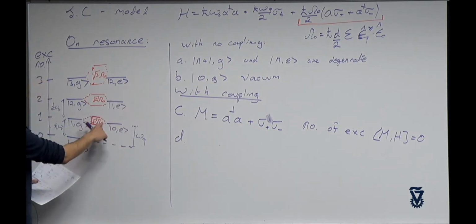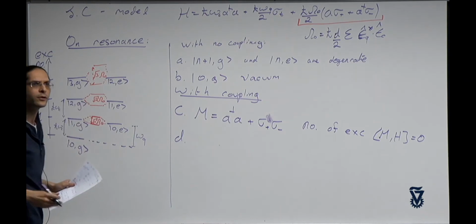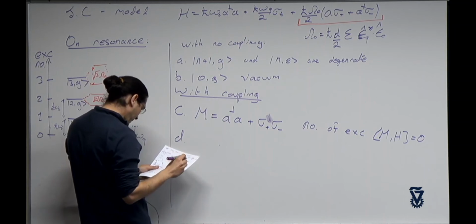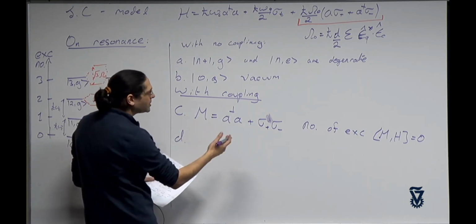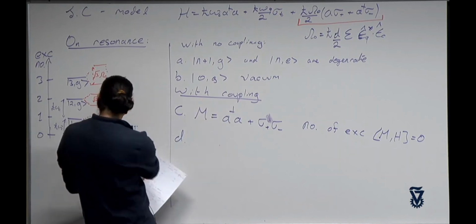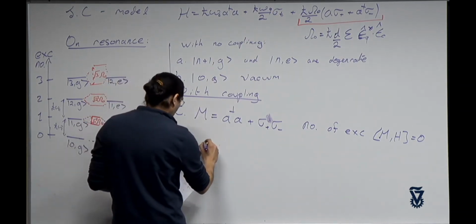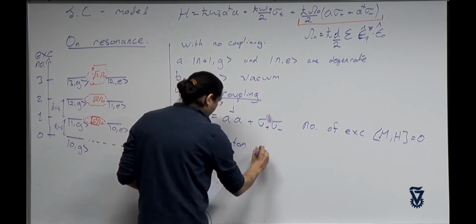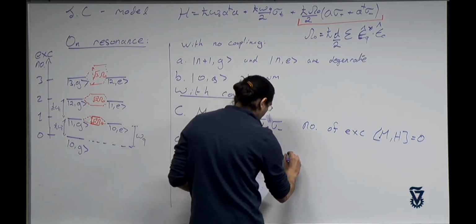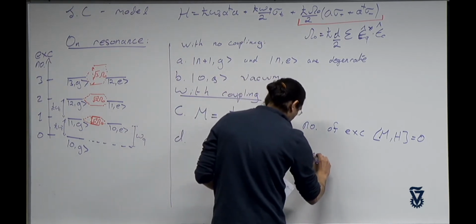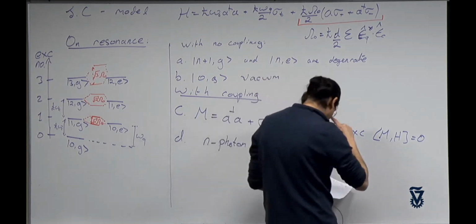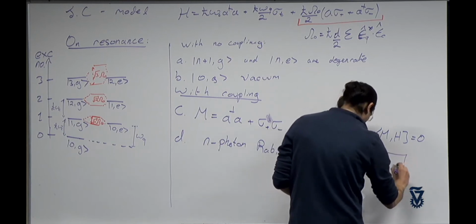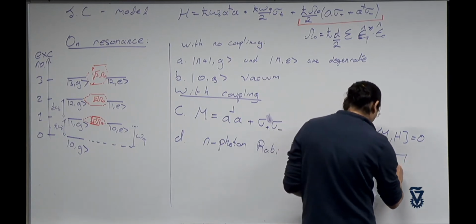See, so omega naught, or square root 2 of omega naught, or square root 3 of omega naught. So they're going to be exchanging the excitation backwards and forwards, and the splitting is basically going to be what is called the n photon Rabi frequency, which you can define as omega n equals omega naught times square root of n plus 1.